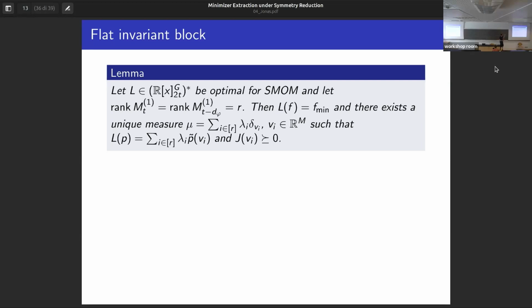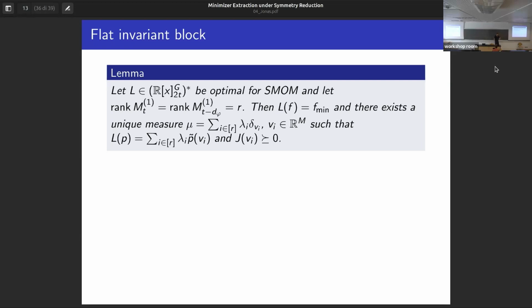The new statement is that if you have flatness only on the invariant block, and you don't care about the other blocks, then in fact you already attained the minimum by constructing a solution which is flat in this orbit space reduced setting, which unfortunately I didn't introduce now. There are two different size reduction techniques, and you have to transfer the solution which is flat in the invariant block over to a solution which is flat in the orbit space reduced setting.